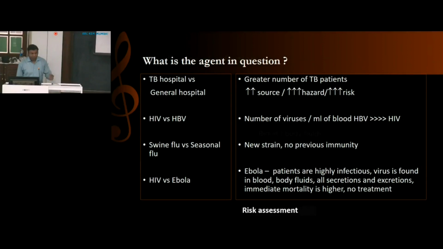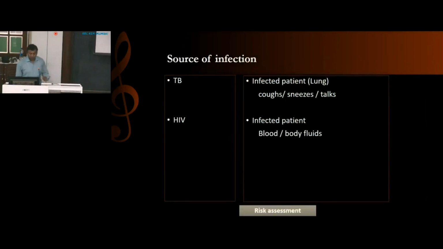Like I showed you, the source of infection in tuberculosis is whenever a person with tuberculosis coughs, sneezes and talks. In HIV, it is the blood and body fluids of the HIV positive patient. You should know this so you know what kind of precautions to take.